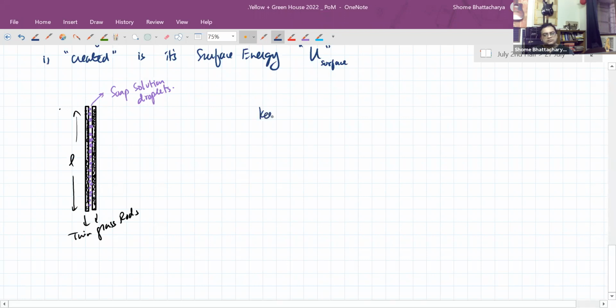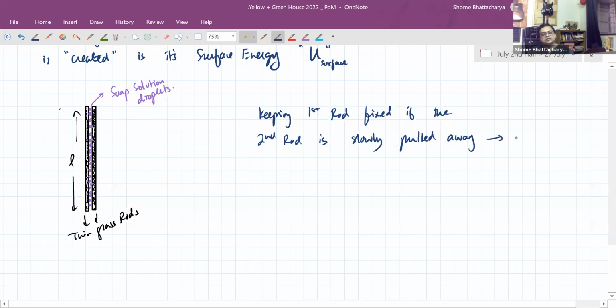So keeping the first rod fixed, the second one is slowly pulled away. It creates a thin film of soap solution.